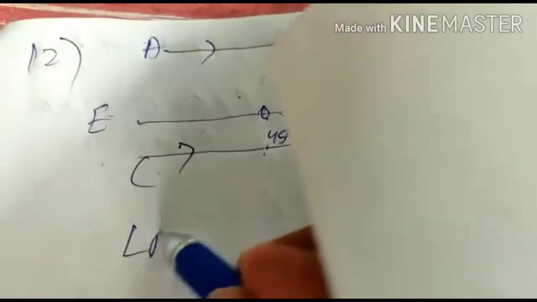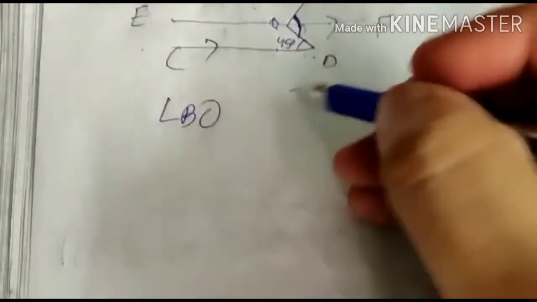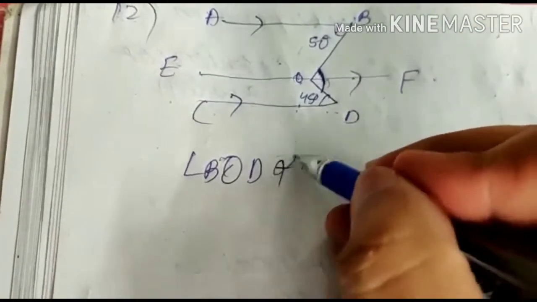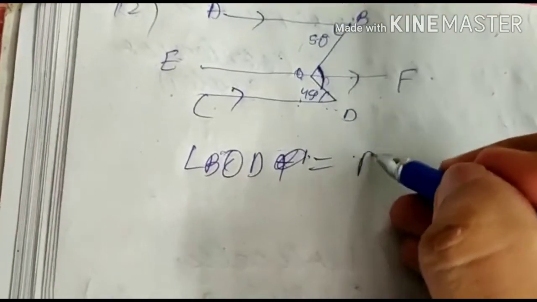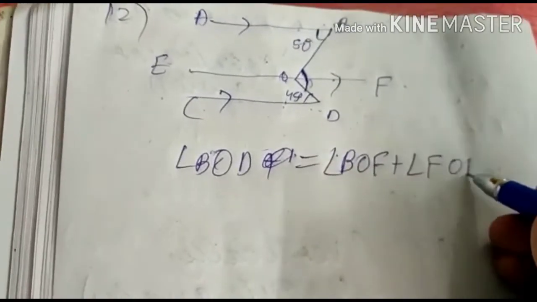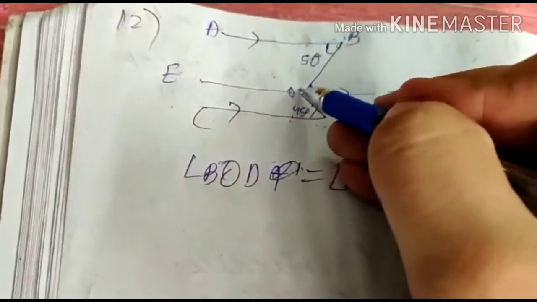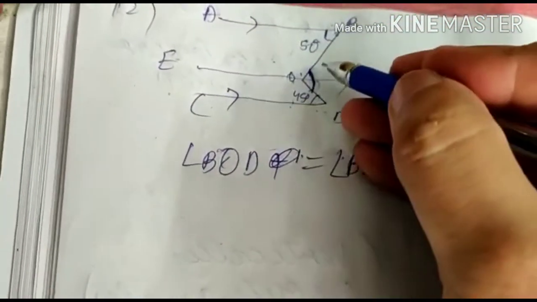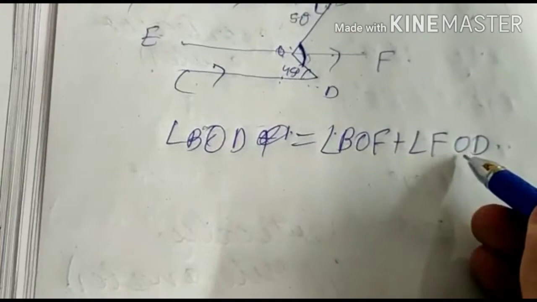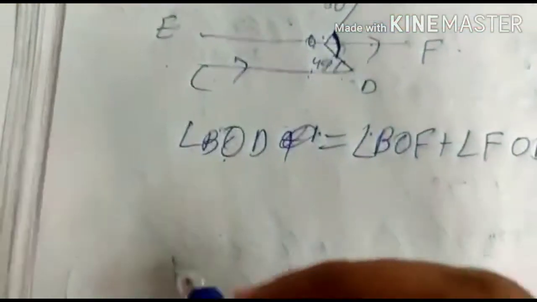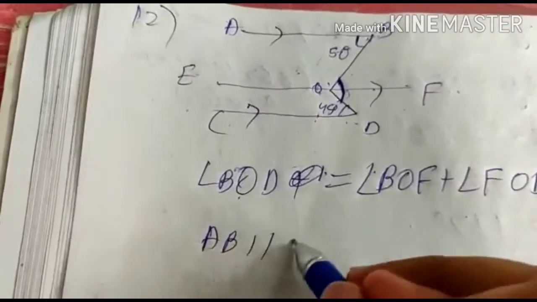Angle BOD has been cut into two parts, that is angle BOF plus angle FOD. BOF is this one, plus FOD is this one. If we get these two angles, we can add them and get the value of angle BOD. Look, AB is parallel to EF.